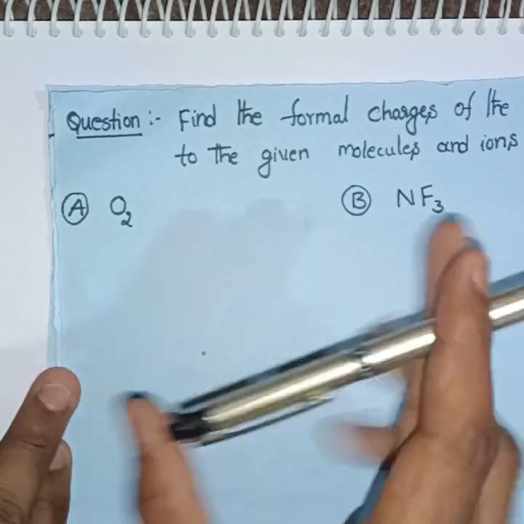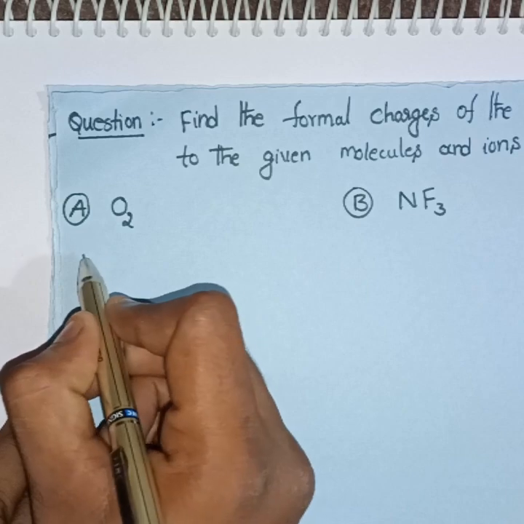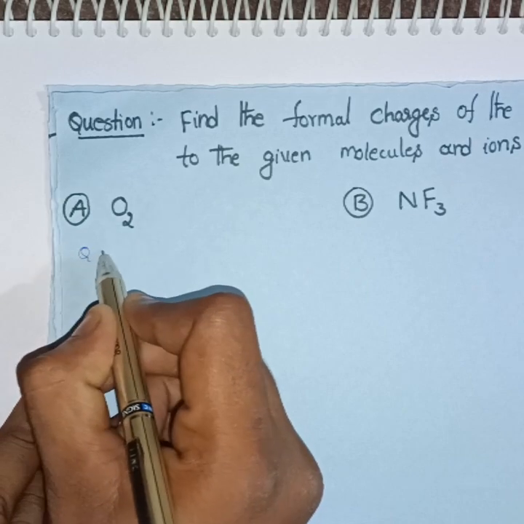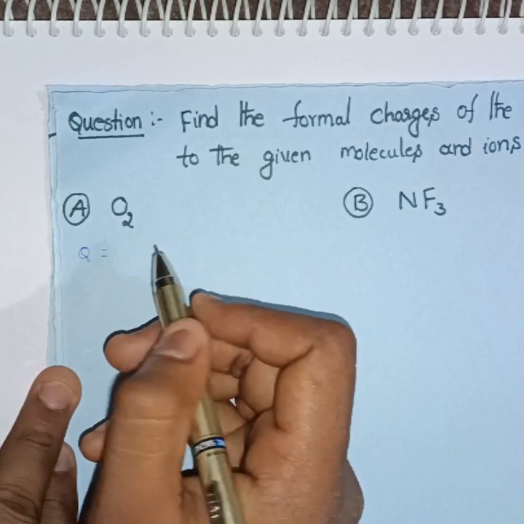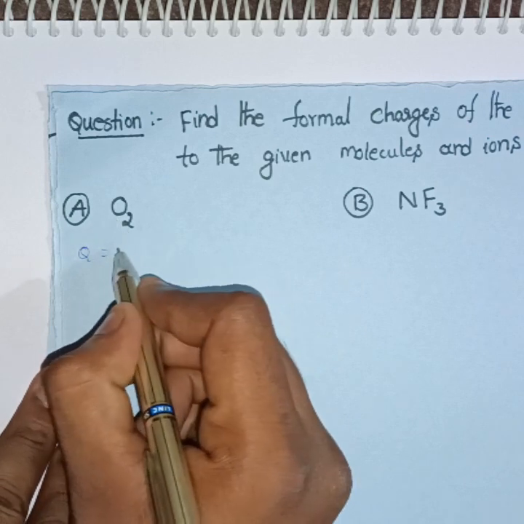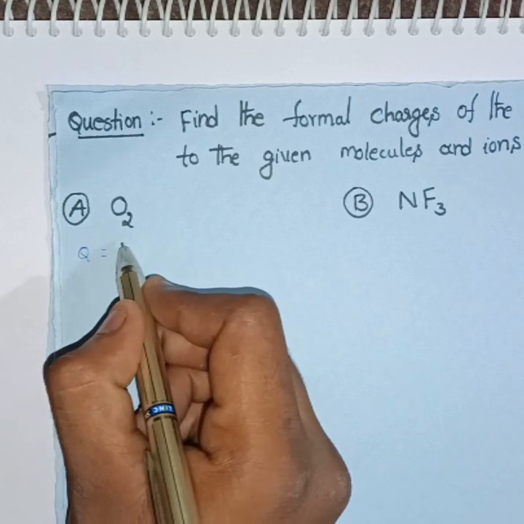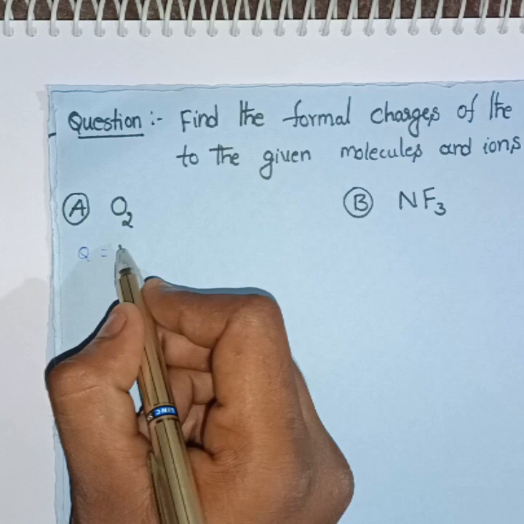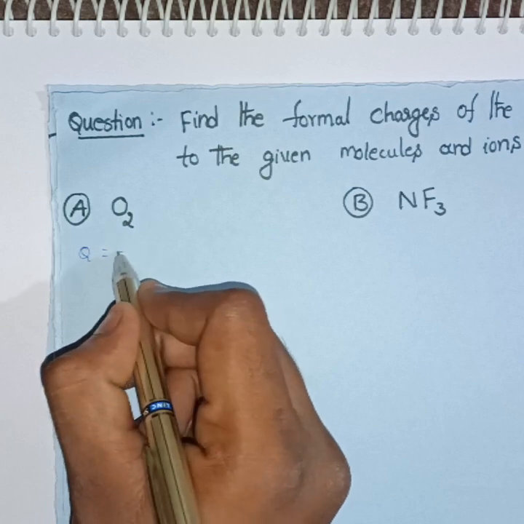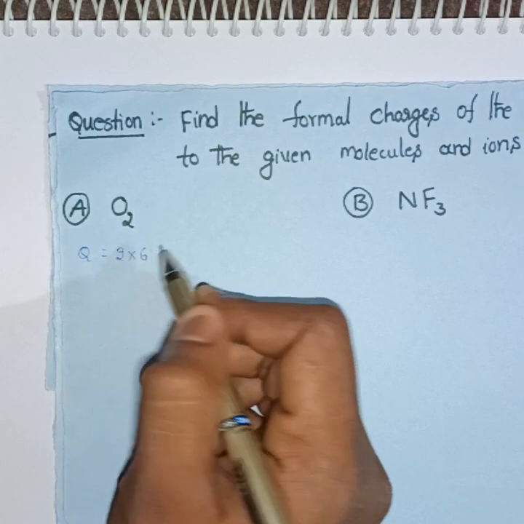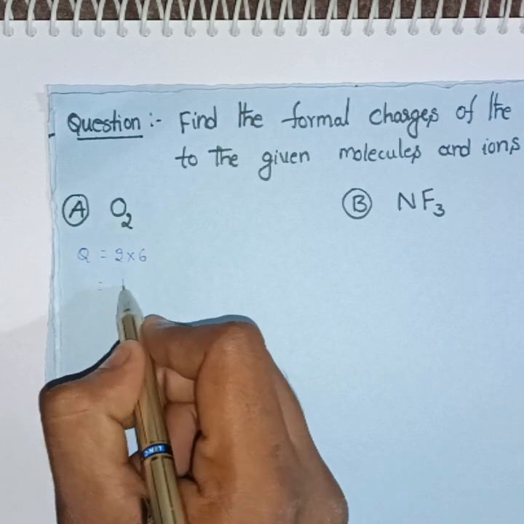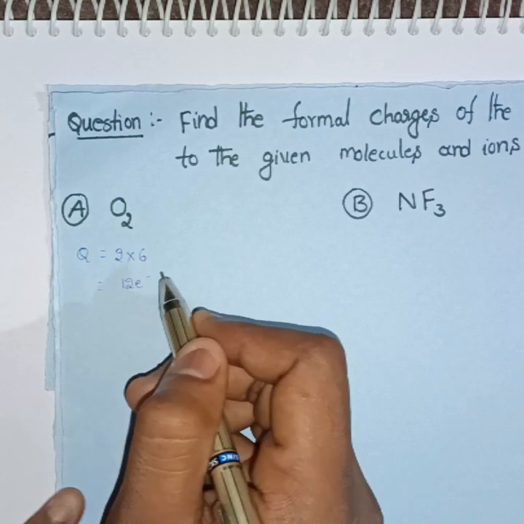First, we have to do O2. First, you have to find the total number of electrons. O is equal to 6 valence electrons in an oxygen atom. Here are 2 oxygen atoms, so 2 into 6, you get 12 electrons.